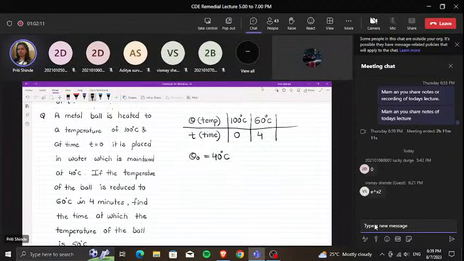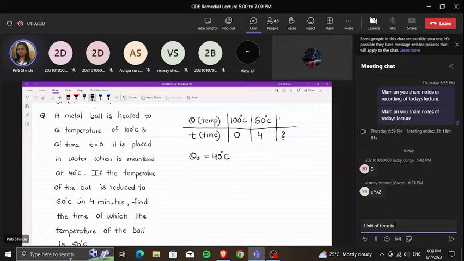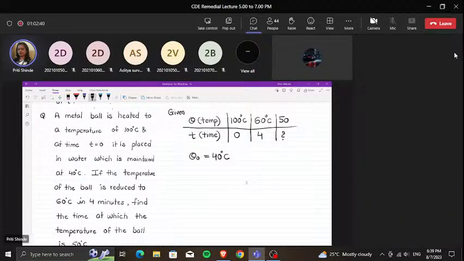Find the time: I want the third entry in the second column, at which the temperature of the ball is 50 degrees Celsius. Read your problem 2 to 3 times and carefully prepare your table. Initial temperature of the ball, whenever t is equal to 0, is 100 degrees Celsius.